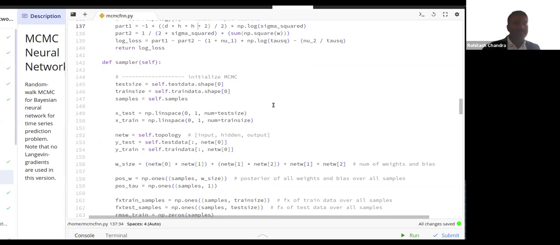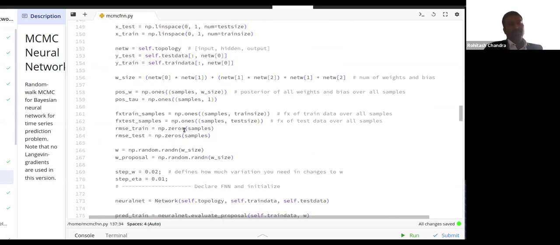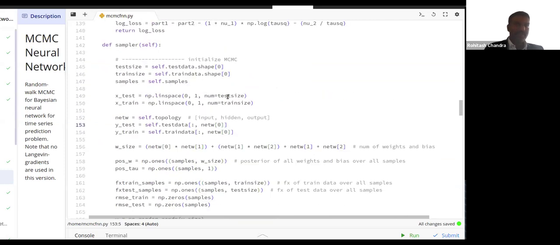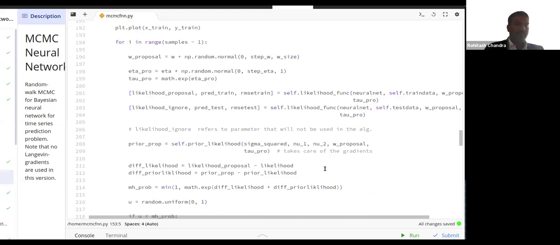So we have a sampler, and in the sampler we have the same thing as in the previous case, the linear models. But the weight size, as you can see, is based on the topology, and the topology is defined. Where is the topology defined?